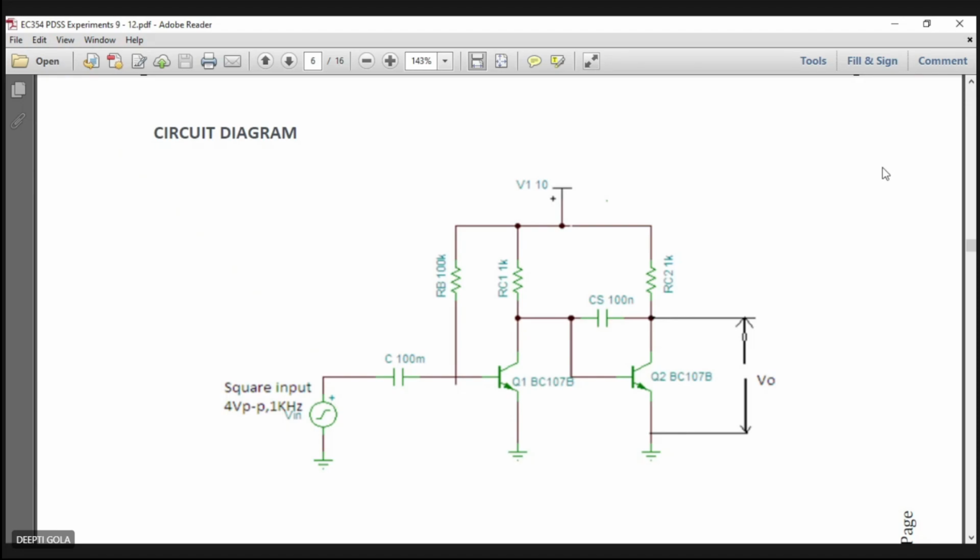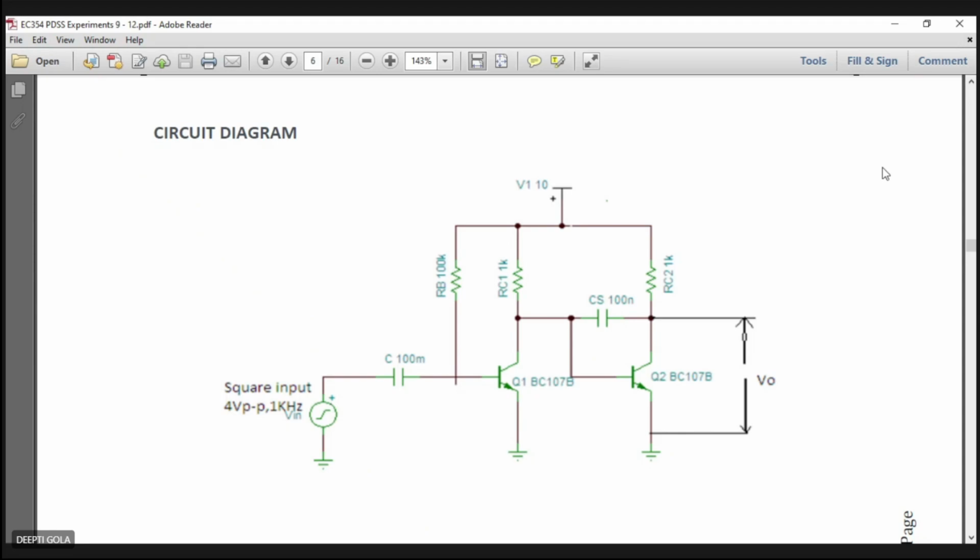Our output is dependent on the time constant of the discharge, CS into RB, where RB is the input resistance you can see at the input of Q1.